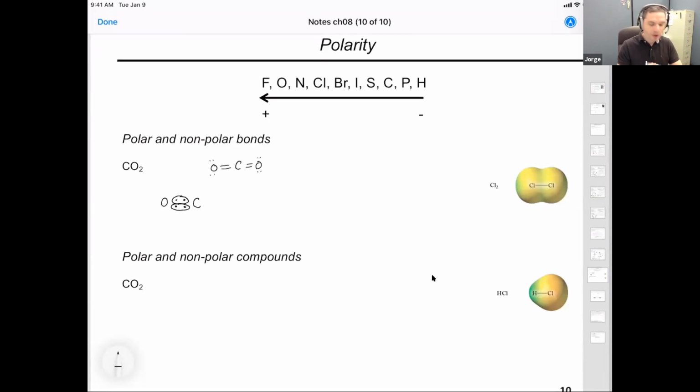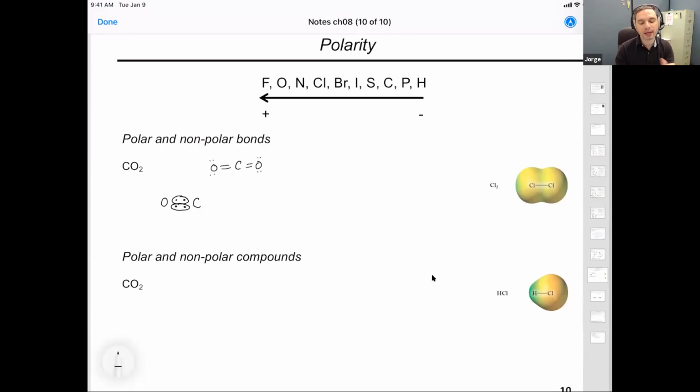Okay, so if those elements had the same electronegativity, the pair of electrons being shared would be exactly halfway between the two atoms. It is a perfect share, a perfect world.